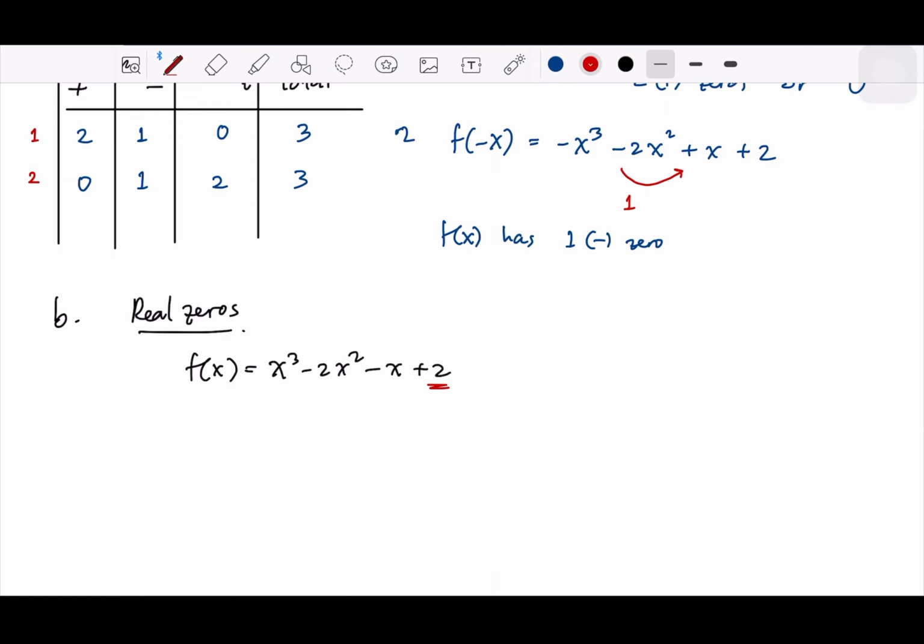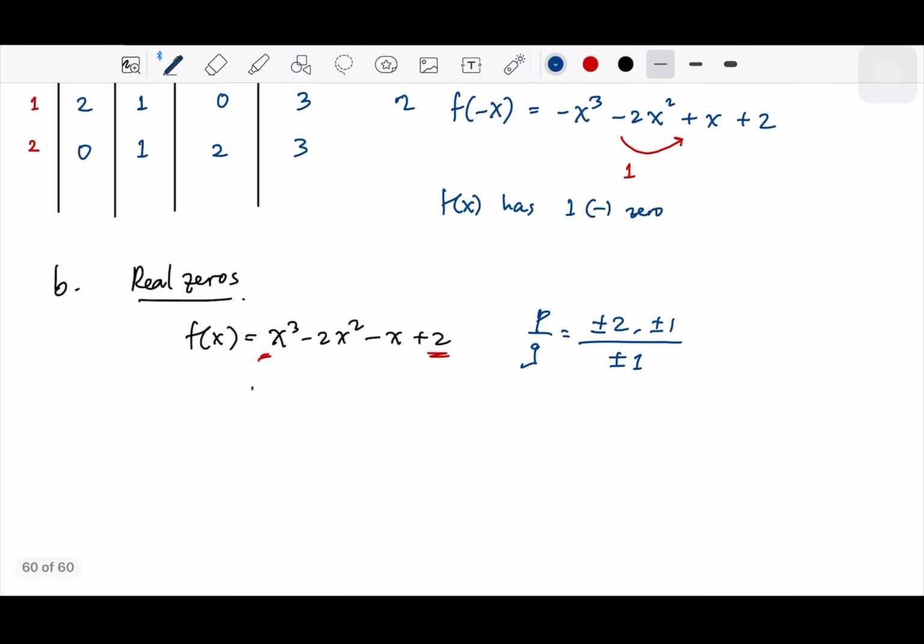Let's say we start from here, from P over Q. We could take the synthetic division. We could take trial and error from these numbers.